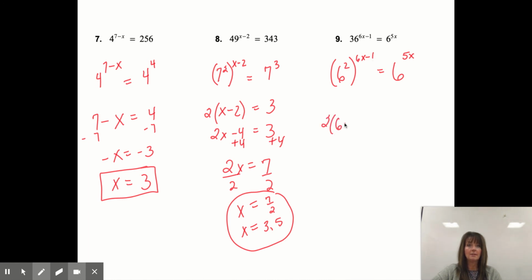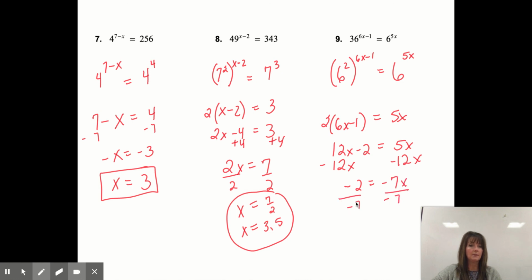So 2 times 6x minus 1 is equal to 5x. So 12x minus 2 is equal to 5x, and I'm just going to go ahead and subtract the 12x. So negative 2 is equal to, and we're going to subtract this, negative 7x divided by negative 7. So 2 over 7 is equal to x.